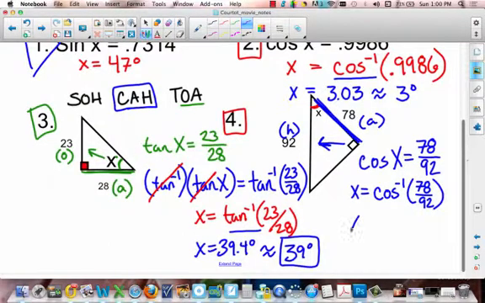I plug that into my calculator: second function, cosine, that gives me cosine -1, 78 divided by 92, close the parentheses. 32.02. I round to the nearest whole, so 32 degrees.